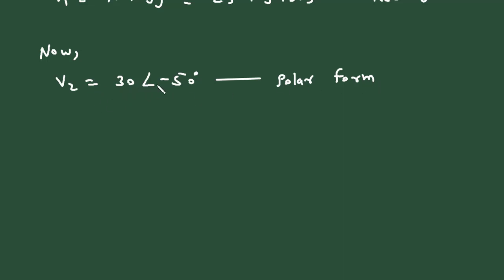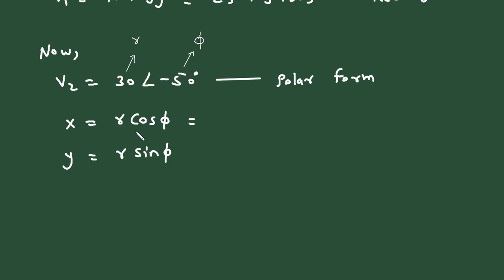To convert this into its equivalent rectangular form, again the formula will be x is equal to r cos phi and y is equal to r sin phi. And here this 30 is the r, that is magnitude, and this minus 50 is the value of phi.